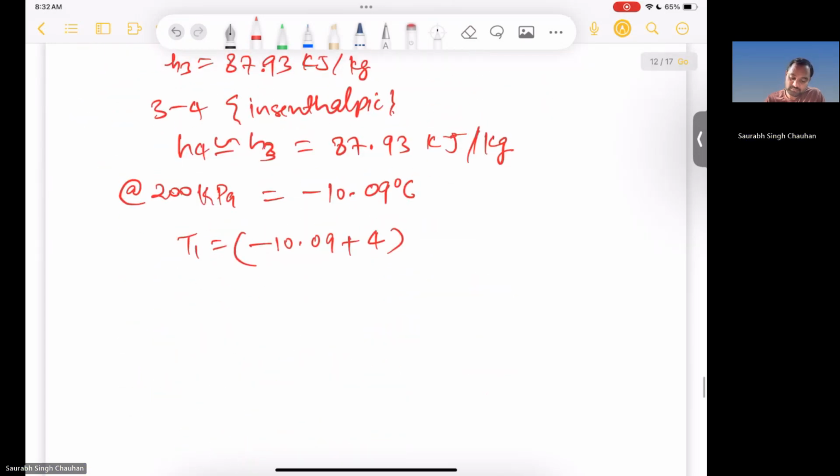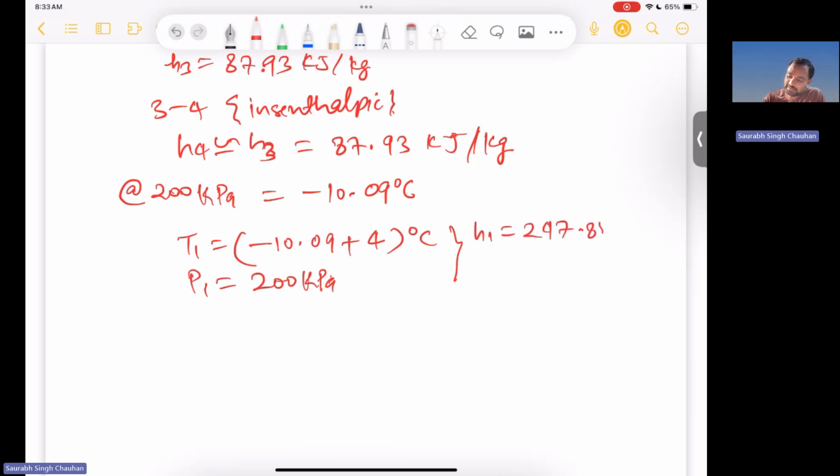So plus 4 degrees Celsius, that will be the T1. Okay, and P1 is 200 kilopascal. So at these values, you can again find the enthalpy and entropy. So 47.88 kilojoule per kg, and entropy will come out to be 0.9507 kilojoule per kg Kelvin. Okay, you please check the tables.